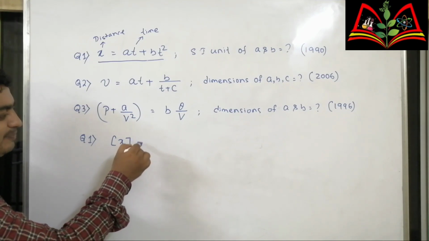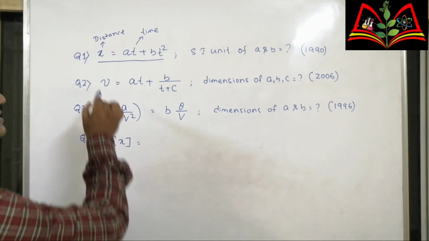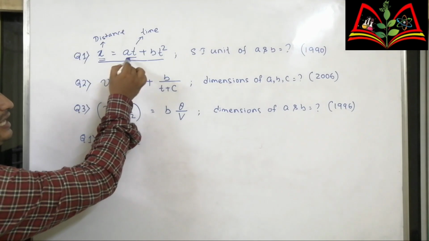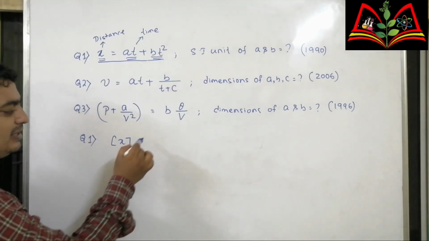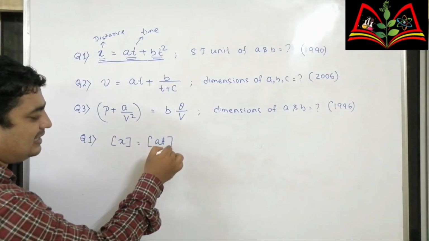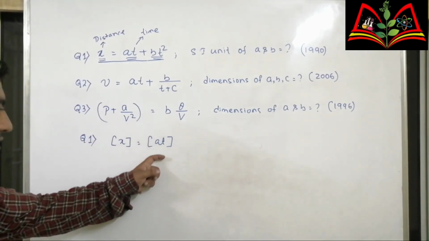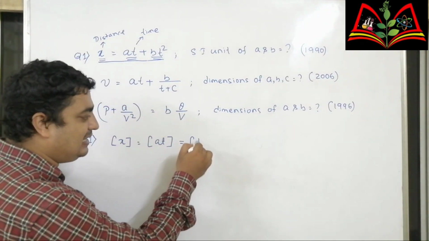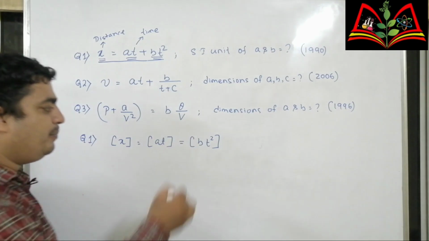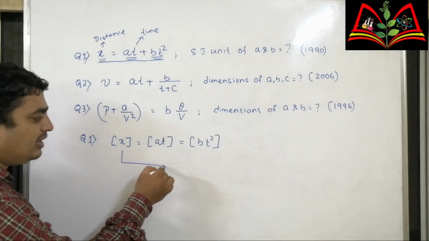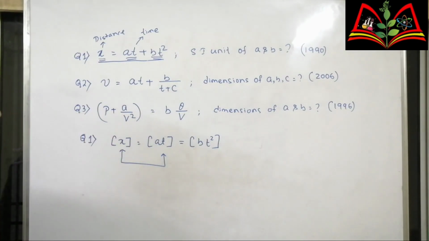So from principle of homogeneity of dimensions, the terms are x, A, bt square. So we can write dimensions of x, it is equal to dimension of A, it is equal to dimension of bt square. Now equate these two.